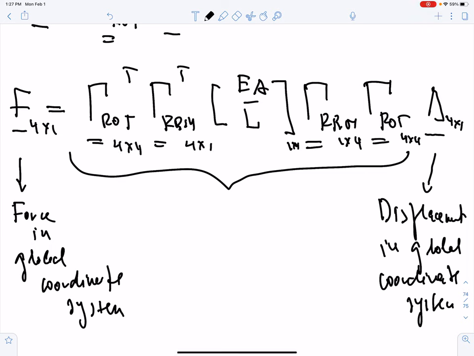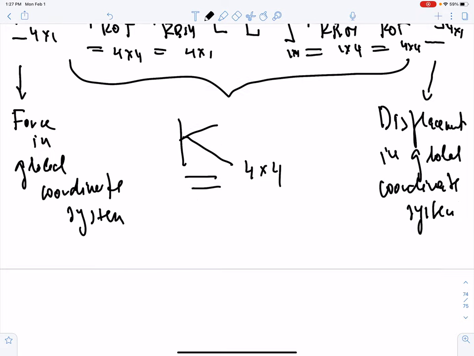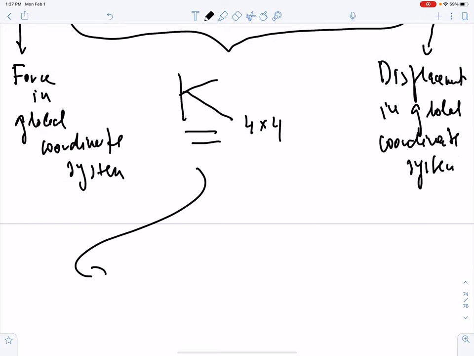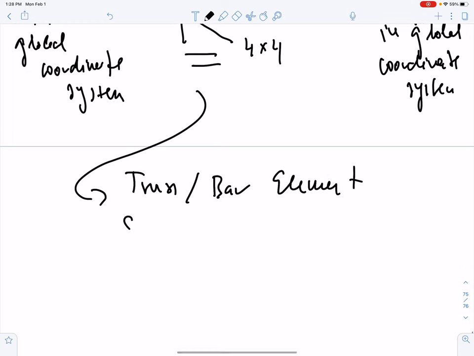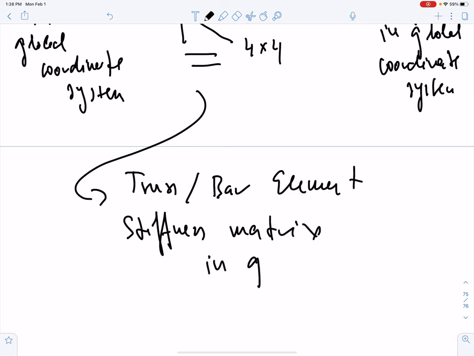This gives me a matrix that I'm going to call K, 4 by 4. Because this is the matrix that relates displacements to forces, I'm going to call this the truss or bar element stiffness matrix in the global coordinate system.